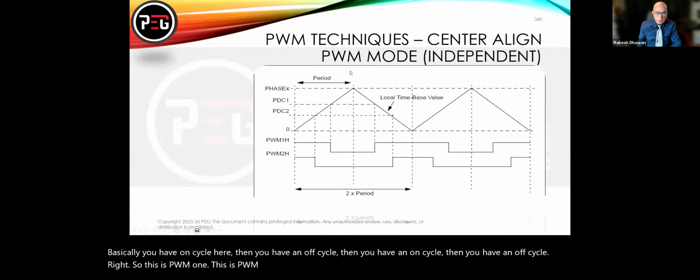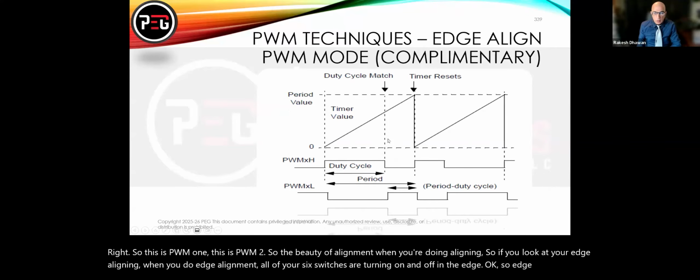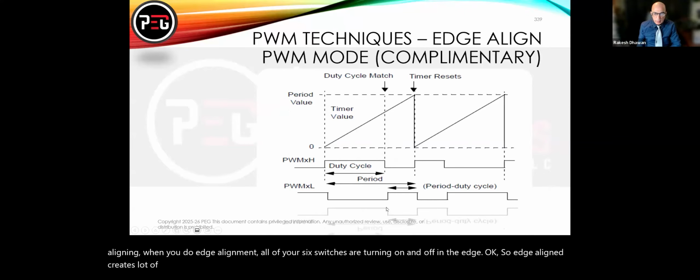The beauty of alignment is this: if you look at edge alignment, when you do edge alignment, all of your six switches are turning on and off at the edge. Edge aligned creates a lot of EMI, a lot of RFI, which you can avoid.